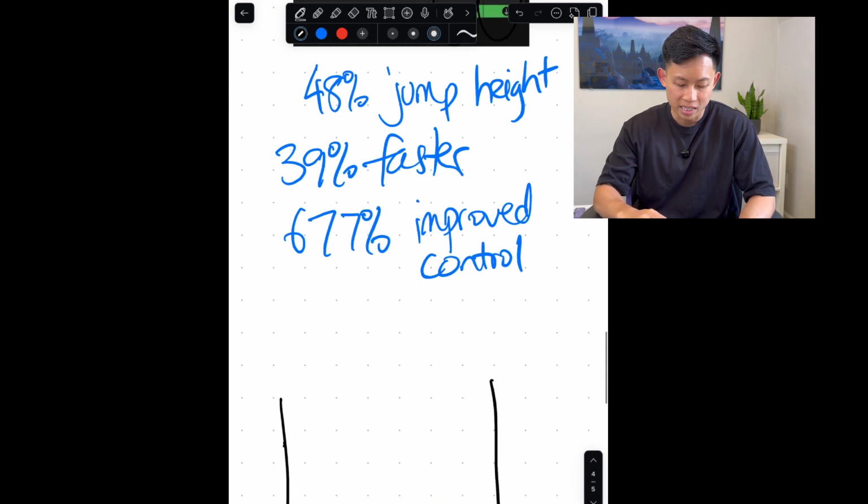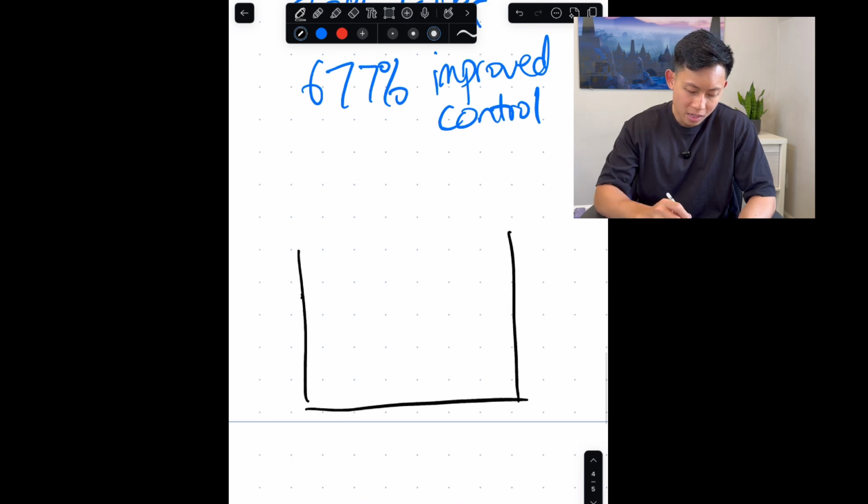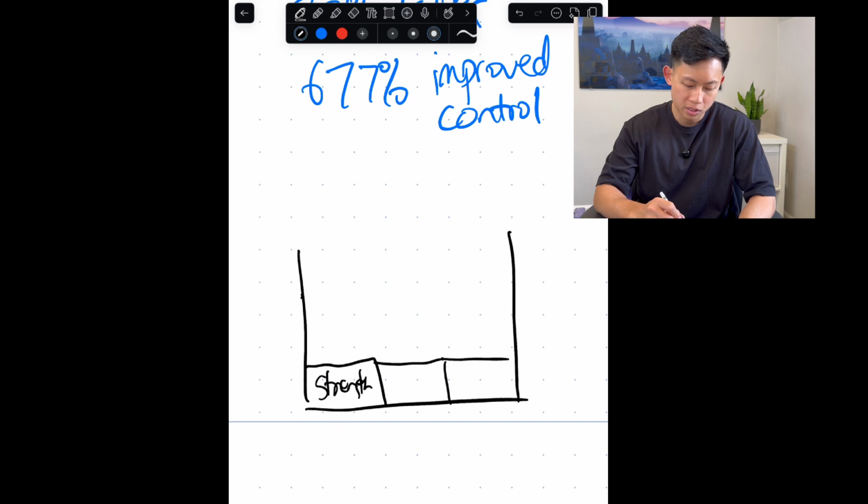And this is just one example, guys, of stacking the foundations the right way, right? So stacking the bricks. So when we started with Pamela, we started with strength, right? Specifically single leg strength. We did a lot of stability work, right? That set the foundation.